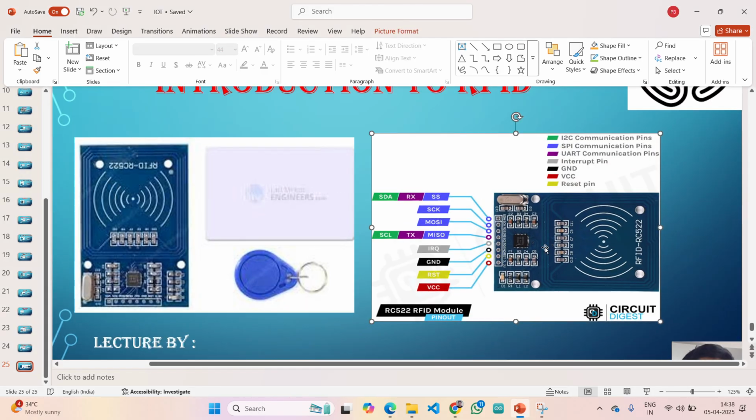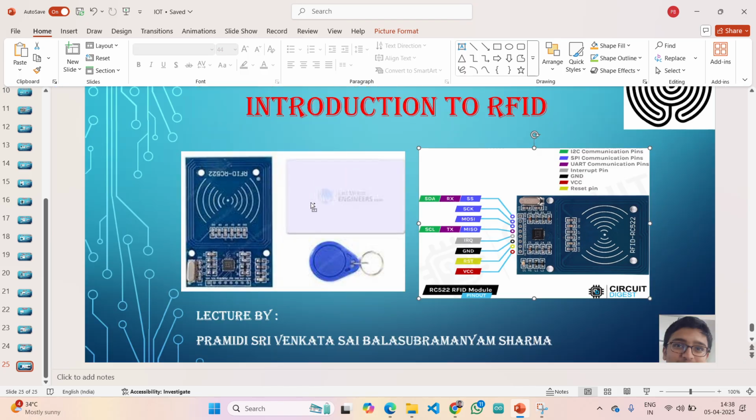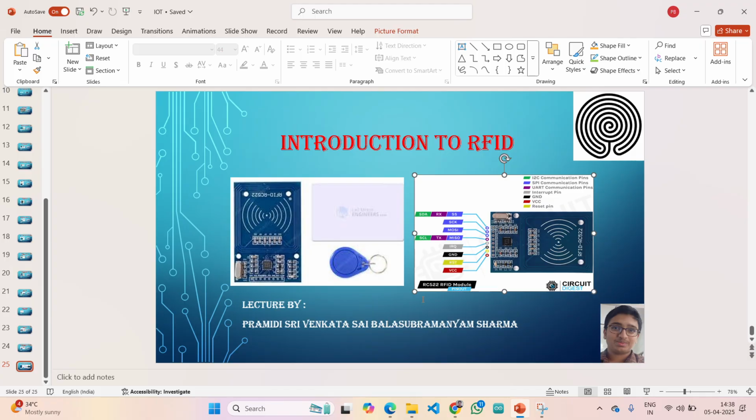You can see this image, right? This right side image is known as the RFID reader. This is a complete RFID set, and this part is called the RFID reader. These are known as RFID tags. Every tag stores data, and this keychain is also similar, but it is a replacement for a card.